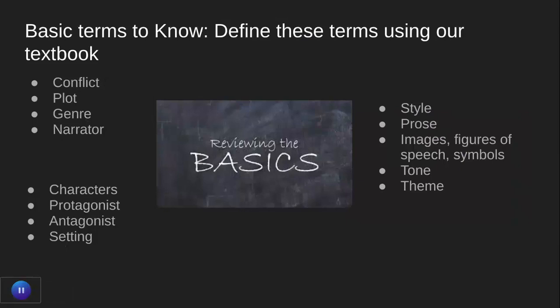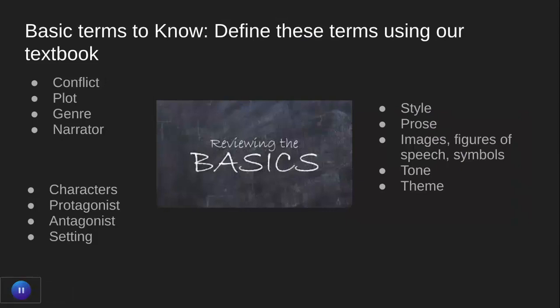Some basic terms to make sure that you are aware of before we get started with this unit are all listed here. All of these are in your assigned reading from our textbook, and you should make sure that you have a good working understanding of all of these terms.